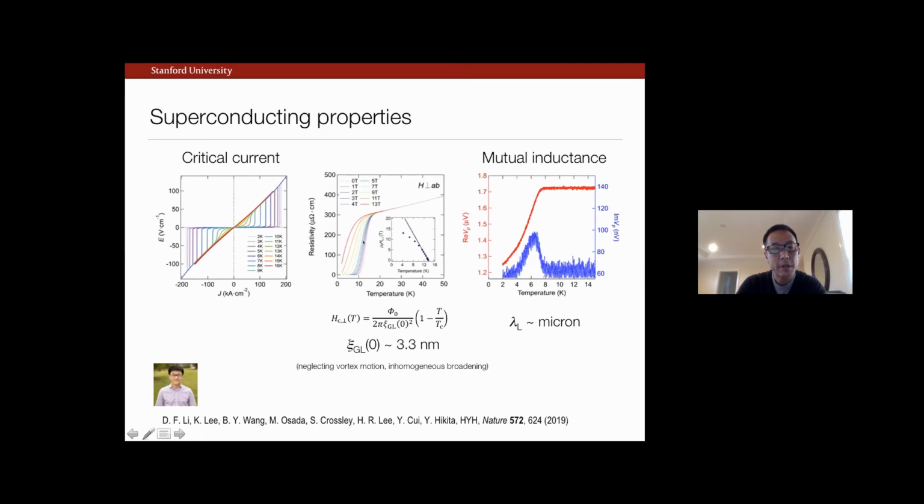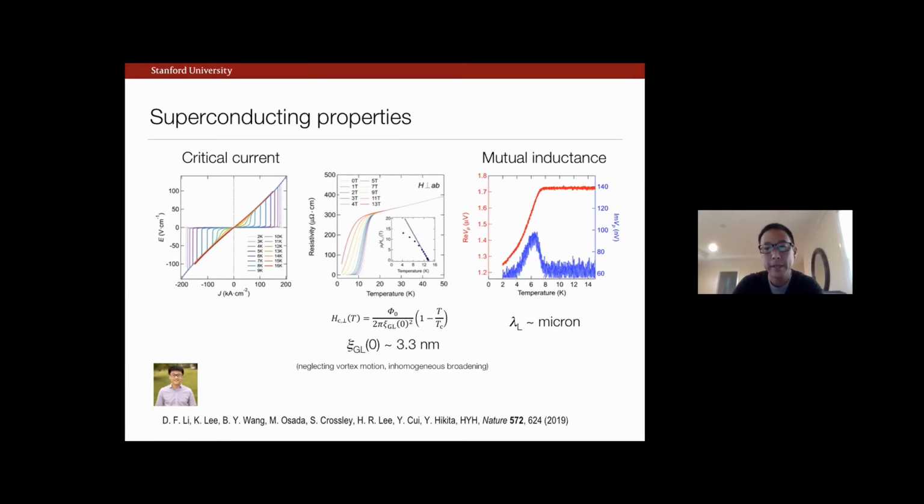Early experiments using a perpendicular magnetic field to suppress superconductivity in the critical regime allow you to estimate a Ginzburg-Landau coherence length of about 3 to 4 nanometers typically. And finally, I show you split coil mutual inductance measurements. This is now picking up the onset of screening.